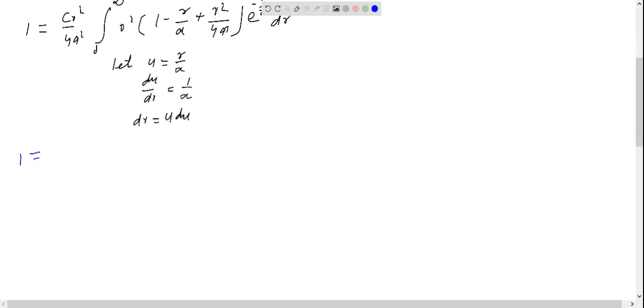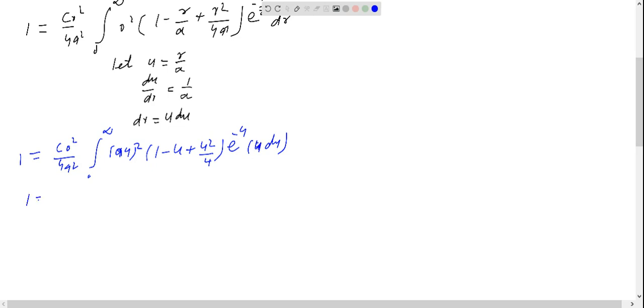The above integral becomes C_0 squared out of 4a squared integral from 0 to infinity a squared u squared into 1 minus u plus u squared out of 4 into e raised to the power minus u, a du.